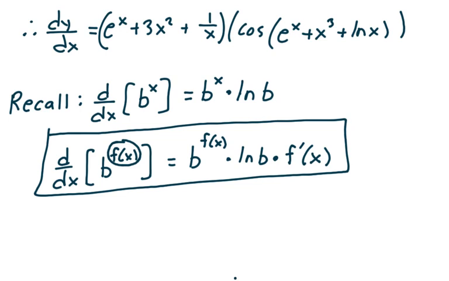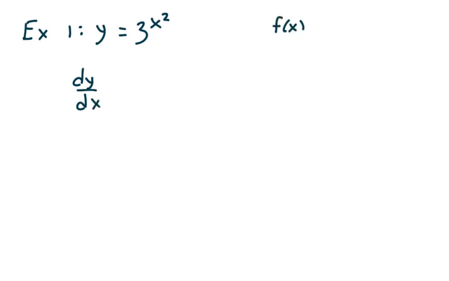Now, let's take a look at some examples of that. Suppose y is equal to 3 to the x squared, and I want dy/dx. Now, my f of x is the exponent on that 3, which is x squared. The derivative of f is 2x.